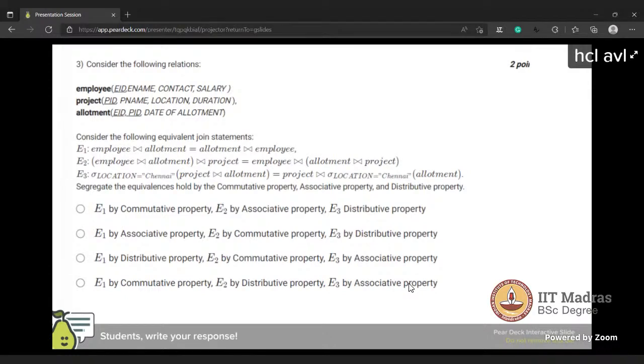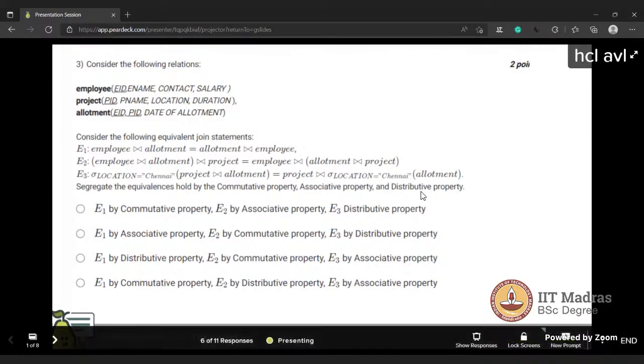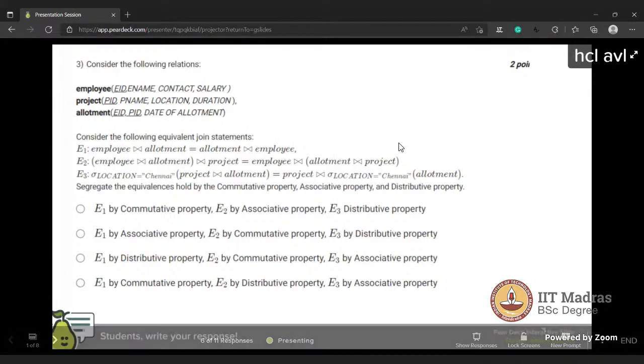So you can check how we apply the distributive property. Suppose this is the theta condition in E3. Theta means condition. So we use the condition sigma location equal to Chennai. And you can see the location belongs to which table or relation?